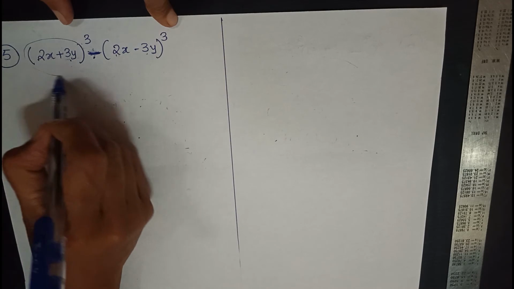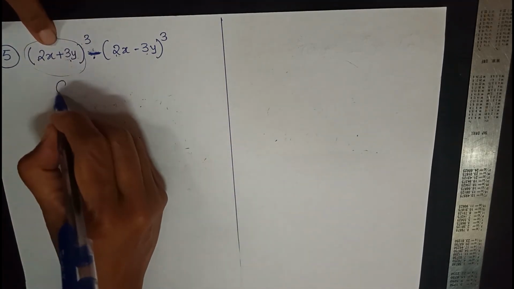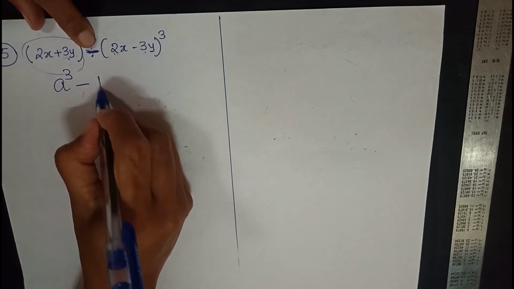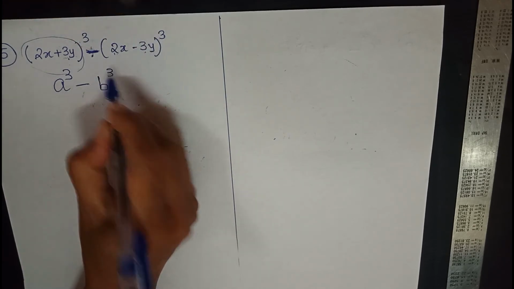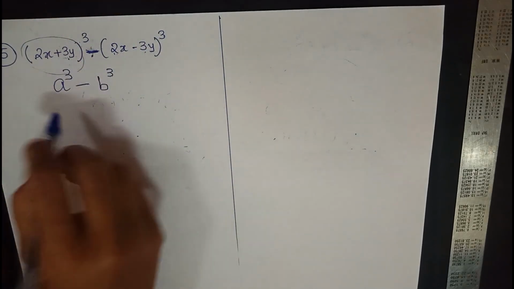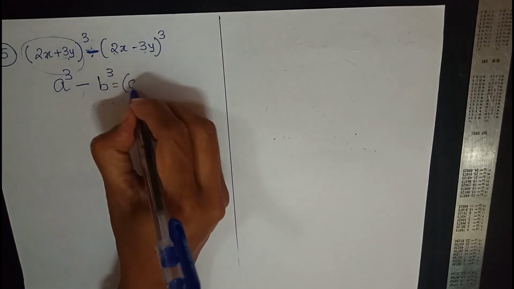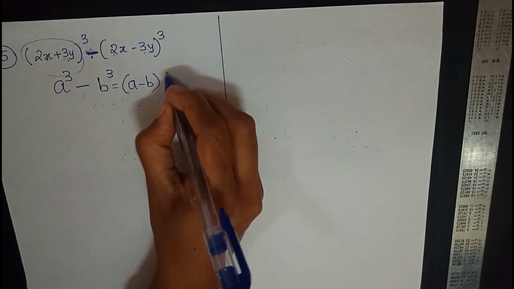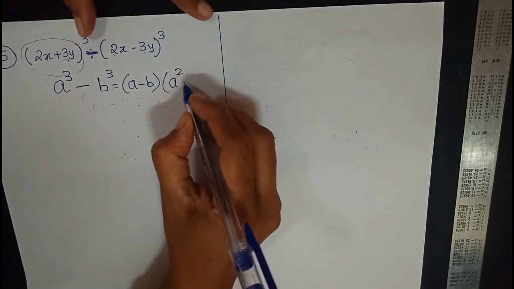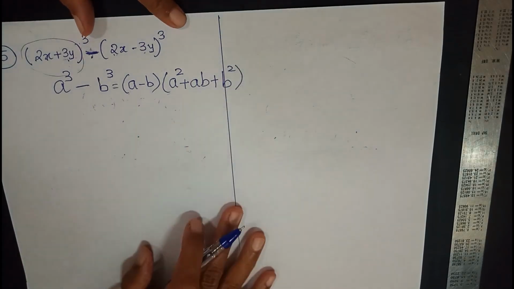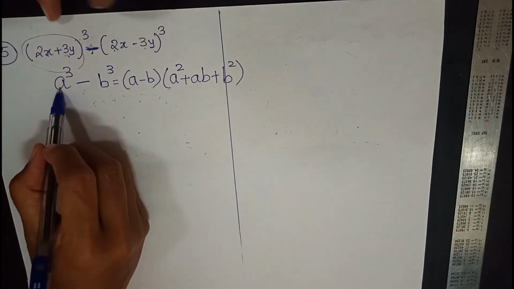You can see this entire number can be like an a cube, minus this entire bracket can be like a b, and b raised to 3. So now this same sum can be solved using the a cube minus b cube formula, where the first bracket is a minus b, second bracket is a square plus ab plus b square. So what will be my a here?